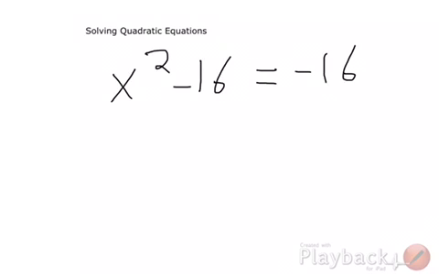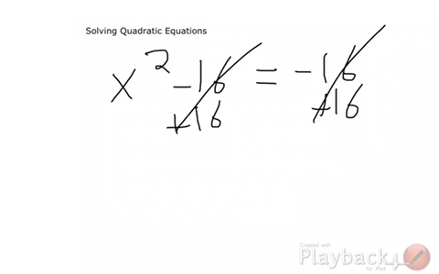I'd like you to go ahead and try to solve this one here. So pause the video, solve this one, isolate the variable, get the x by itself, and figure out what the answer is. Okay, so this one was a little bit of a trick question. I said before in the video that when you take the square root of a number, you always have two answers. That's not necessarily true. If you look at this case, when we try to solve this quadratic equation, we add 16 to both sides.